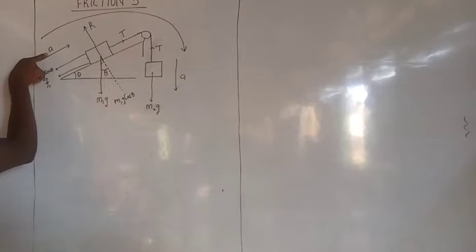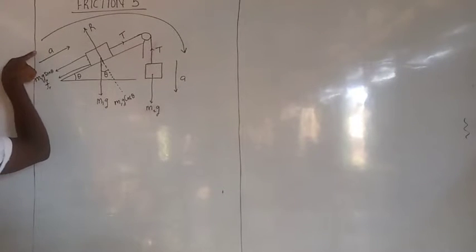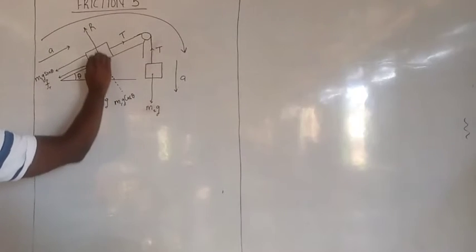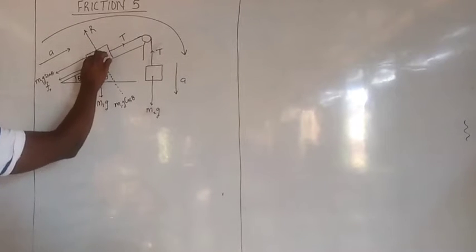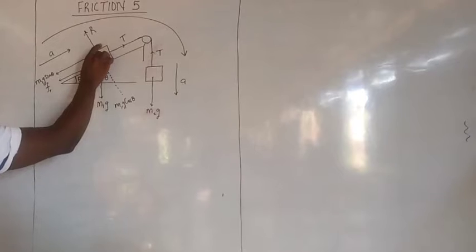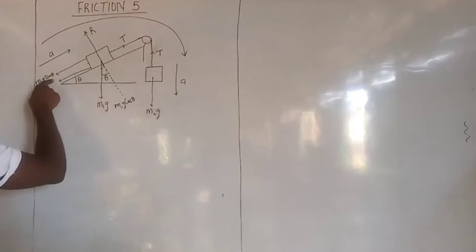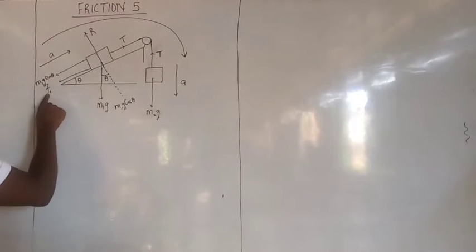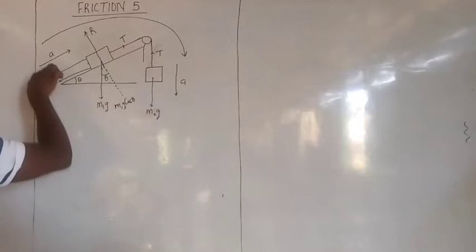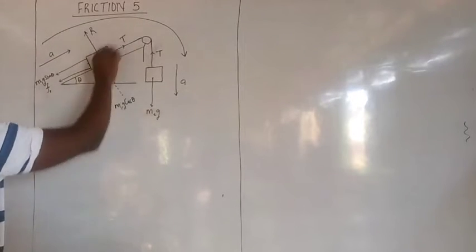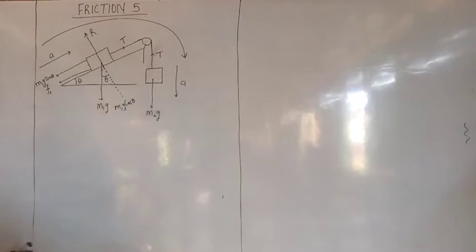since the direction of acceleration here is like this, we have three forces being applied to this body, which is M1. We have T, M1G sin theta, and the frictional force. Alright, since the direction of acceleration is like this, we have to take this thing into consideration first.